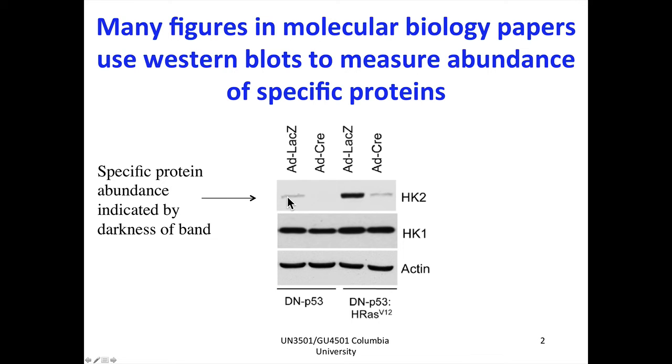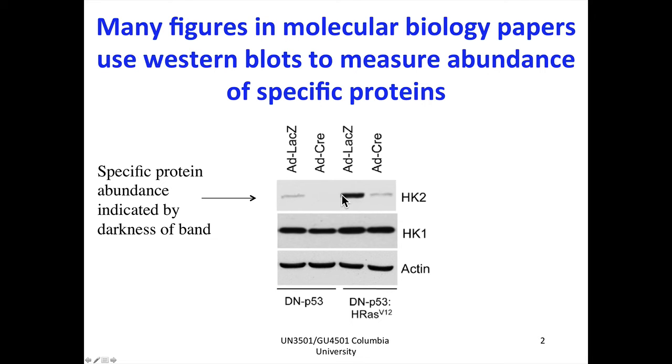In this case, the darkness of the band indicates the abundance of that protein, how much of that protein was present in the sample, whether it was cells or some tissue from humans or mice or whatever the sample is. The authors here are trying to measure the amount of that protein in the sample, and that's indicated by the intensity of this band.